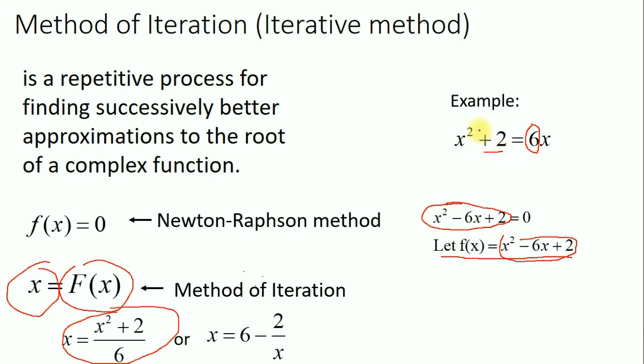I minus 2 on both sides, I get 6x minus 2 over here. Then I divide by x. You will get this.